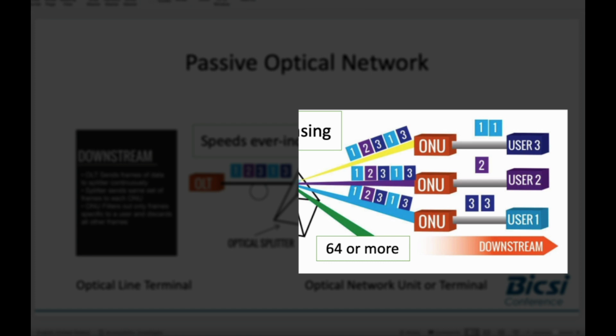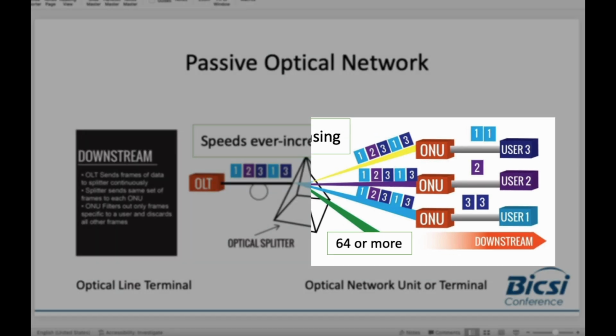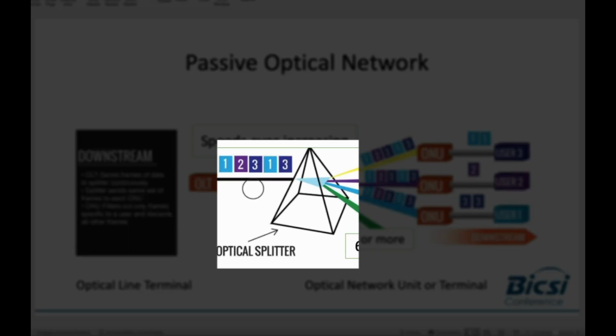And these multiple feeds are inputs to optical network units, or optical network terminals. All information is continuously sent to all ONUs, where it's selected by the users. The term passive comes in because these optical splitters have no active electronics in them.